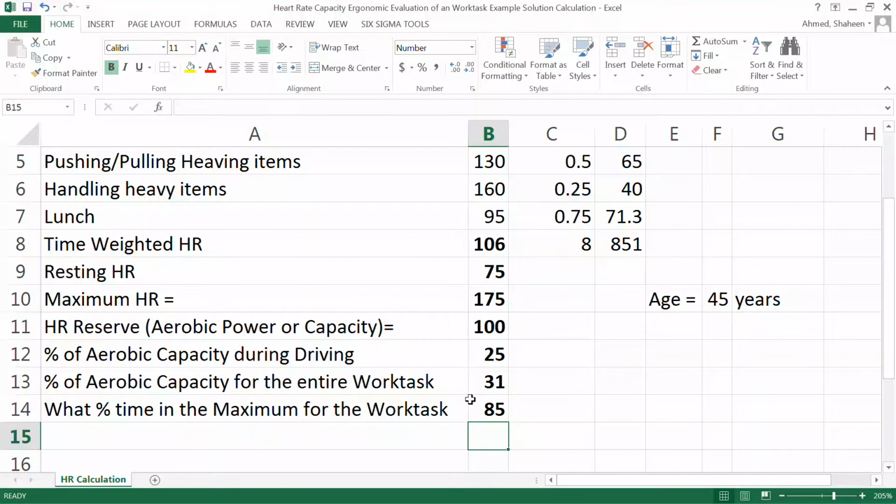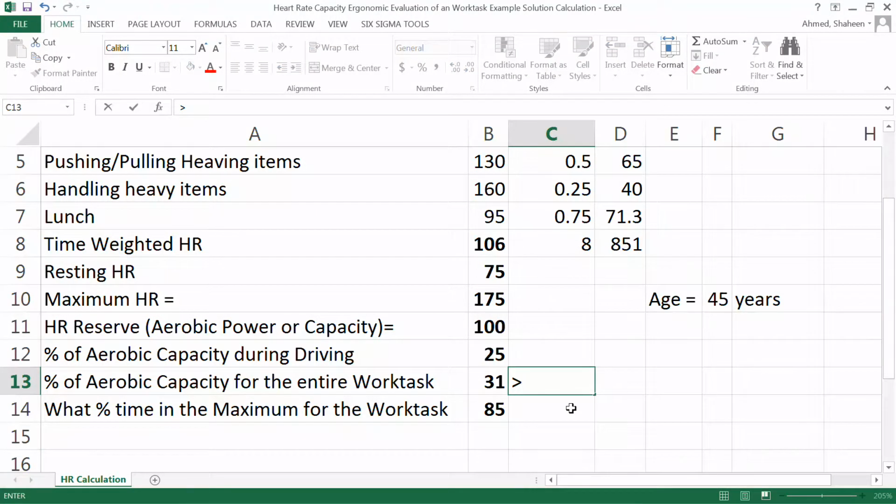Now, whether the person will get fatigued: if the person goes over 30%, then the person will be fatigued. So if this condition is met, then they will be fatigued. Yes, they will probably become fatigued if a person is 45 years old and works at this pace.